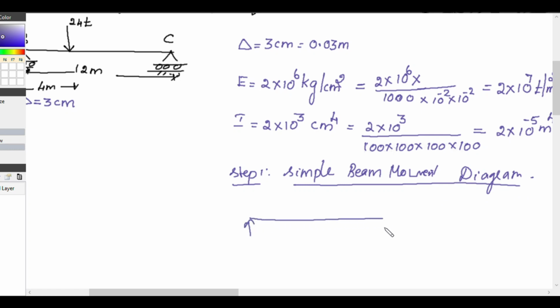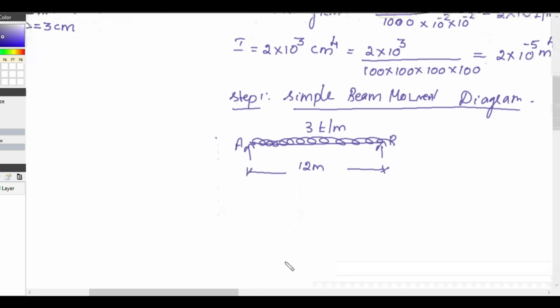So first span is AB. AB thus consists of a UDL of 3 tons per meter. The span length is 12 meter.